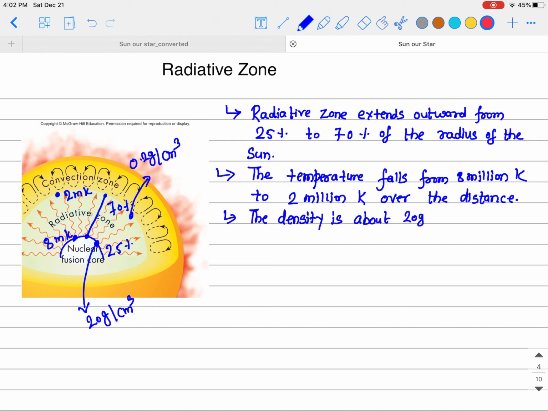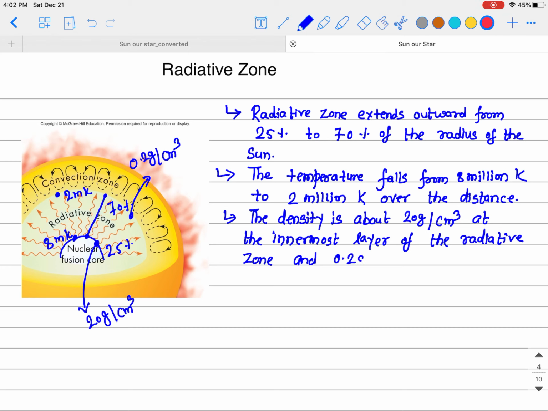About 20 gram per cubic centimeter at the innermost layer of the radiative zone, and 0.2 gram per cubic centimeter at the top of the radiative zone.